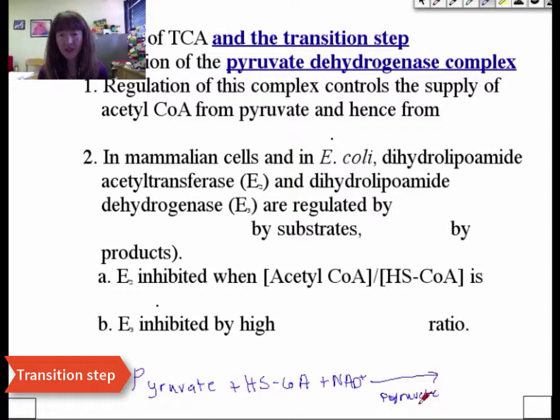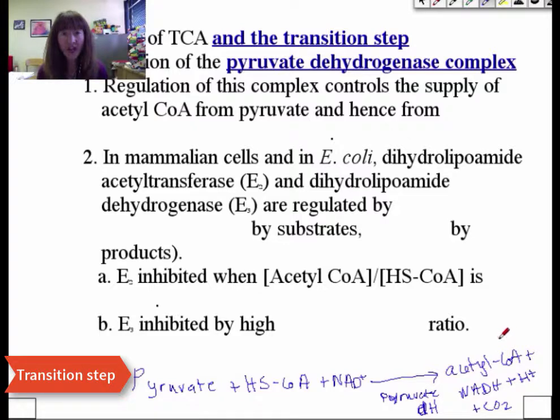I'm just going to abbreviate pyruvate dehydrogenase. That's supposed to be a D. And that's going to get converted into acetyl-CoA plus NADH. Of course, don't forget the thoroughly worn out, totally used up CO2 that's lost there.